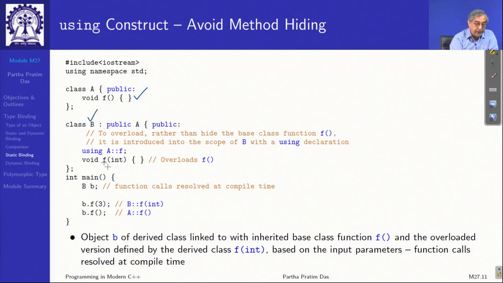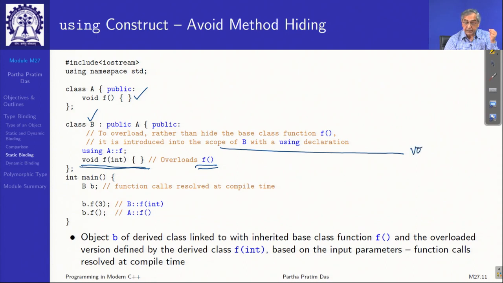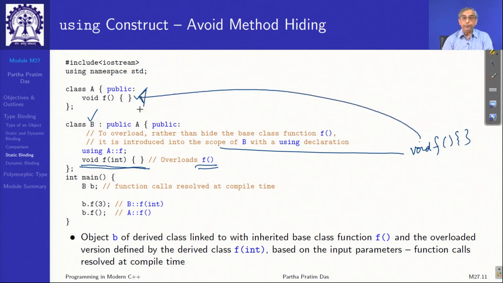Now, if I just do f int, it will overload the function f in B. What you cannot see here is that there is a function f available which comes from the scope of A. So, when you put a different signature for f, you are actually overloading that function.